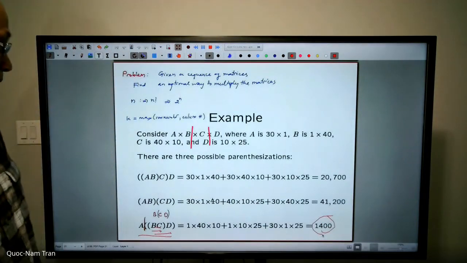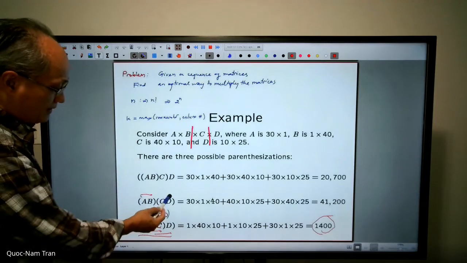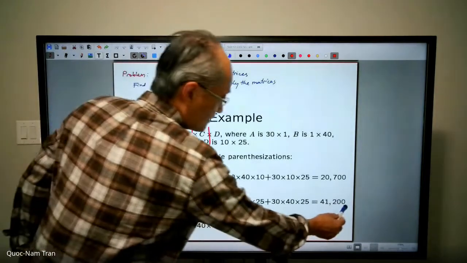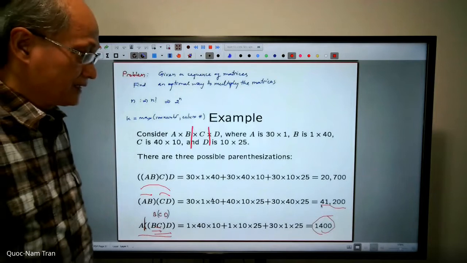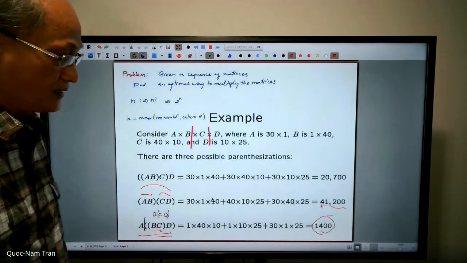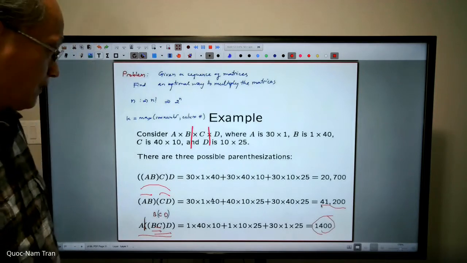And if we multiply this way, AB first, and then CD, and then multiply those, here we have 41,000. So it's about 30-something times more.